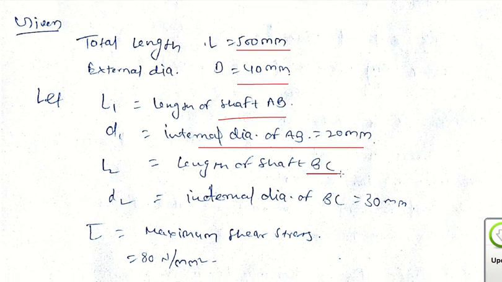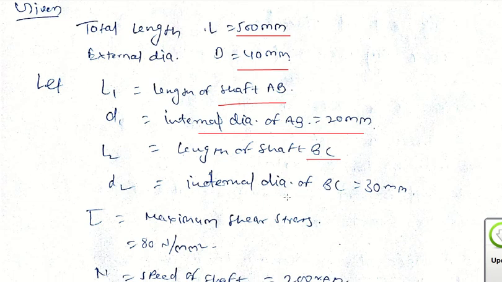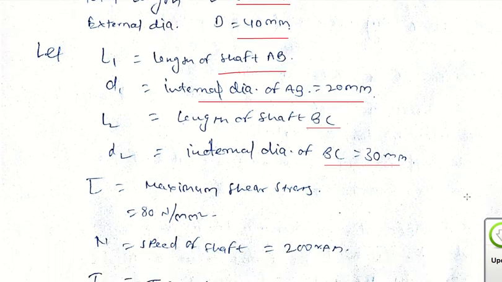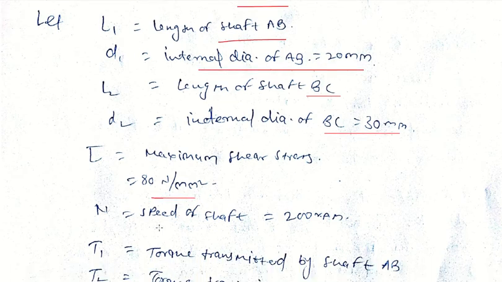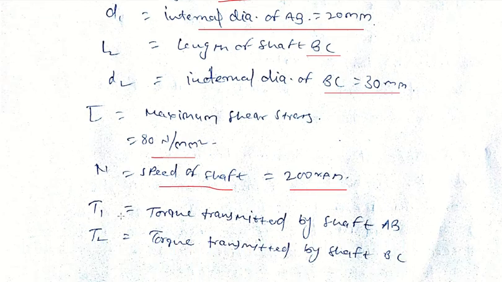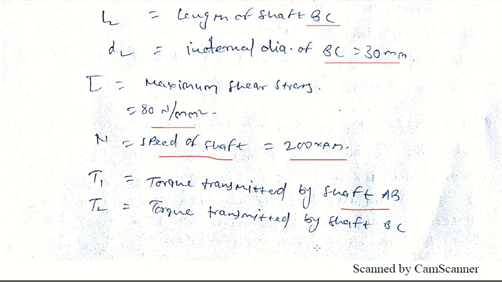L2 is the length of shaft BC, which is what the question asks, and D2 is the internal diameter of BC, 30. Now tau is the maximum shear stress, 80 Newton per square millimeter, and N is the speed of the shaft in rotations per minute. T1 is the torque transmitted by shaft AB, and T2 is the torque transmitted by shaft BC.